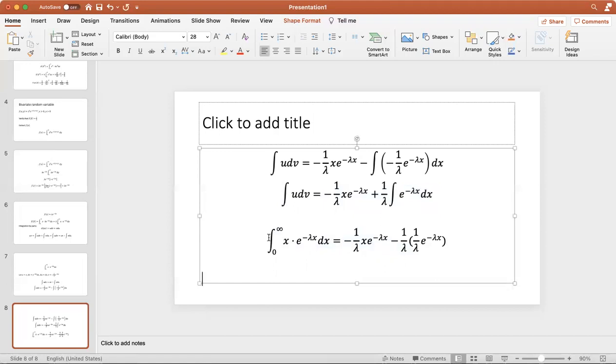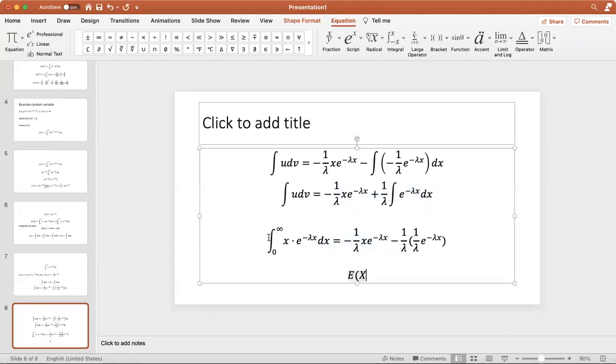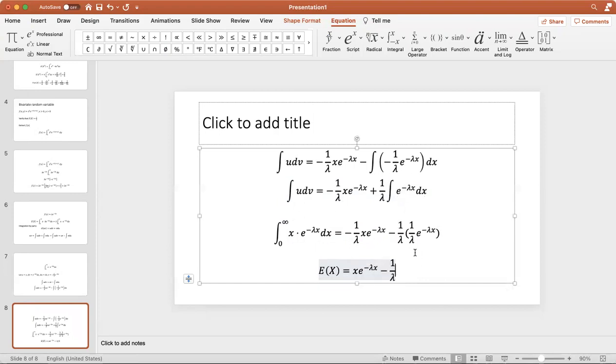When we return the lambda, it will cancel out, and E of X then becomes x e raised to negative lambda x minus 1 over lambda e raised to negative lambda x.